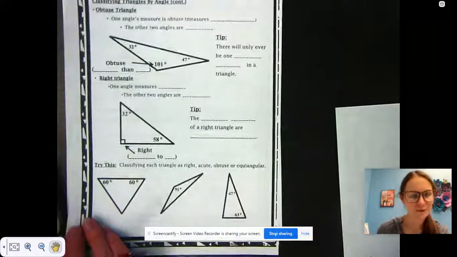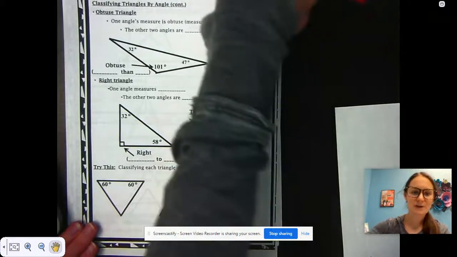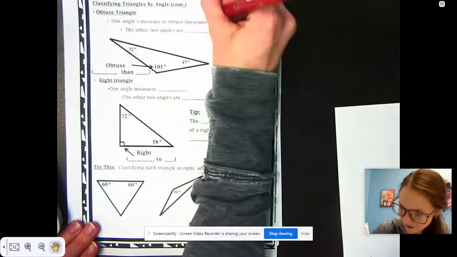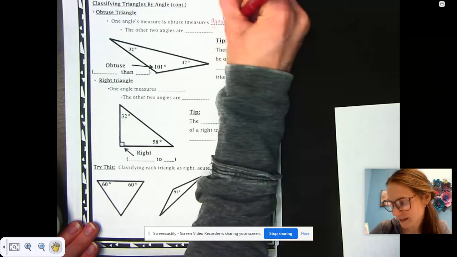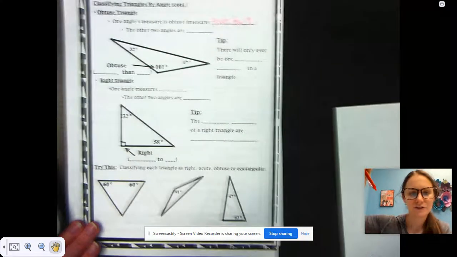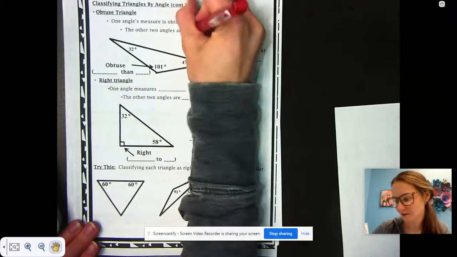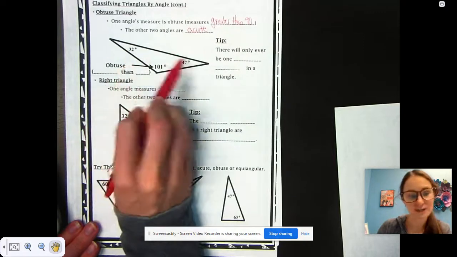Flip the page, and now we're looking at obtuse triangles. One angle's measure is obtuse, and this means the measure is greater than 90. Okay, hopefully you can see that there. And the other two angles are acute. Okay, notice these are smaller than 90.